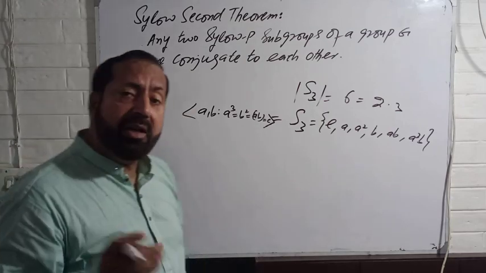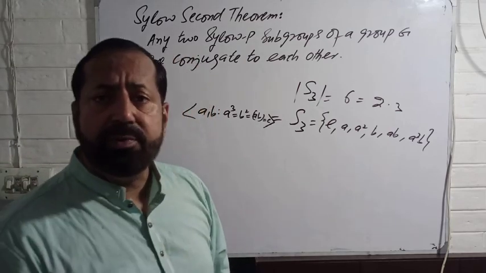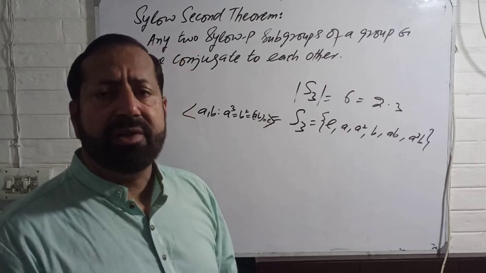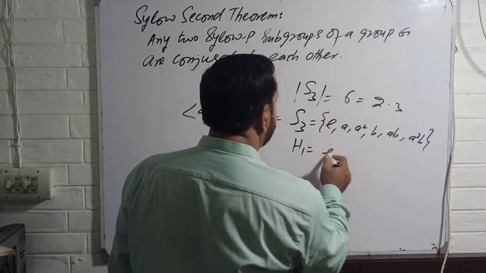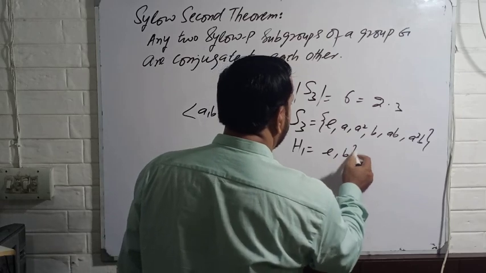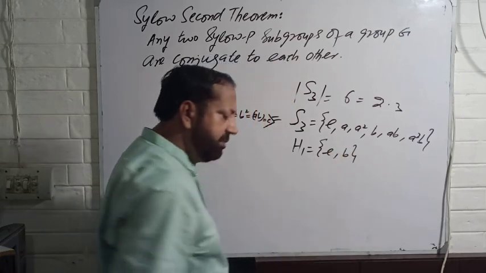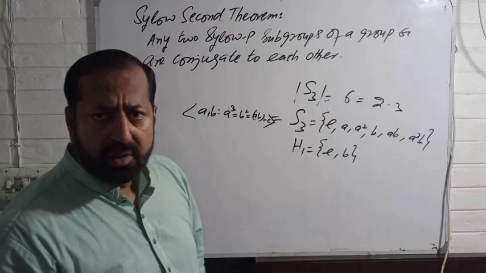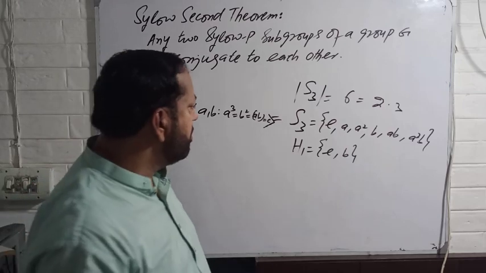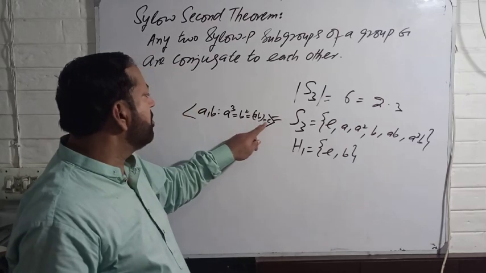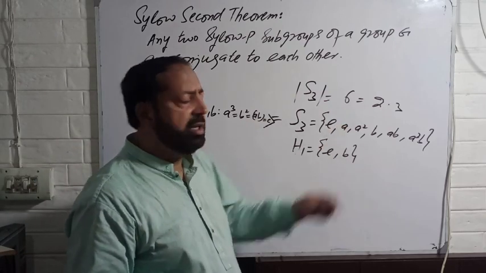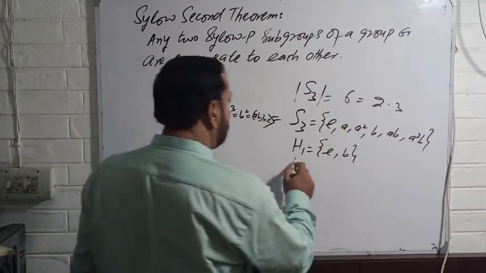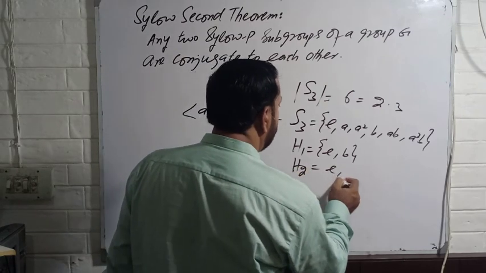So can you find the 2 subgroups and 3 subgroups of S3? You can see that H1, this is {E, B}. Yes, it's a subgroup of S3. You see that B square is equal to E, so that's why {E, B} must be a subgroup of S3. Similarly, you have another subgroup H2, that is {E, AB}.